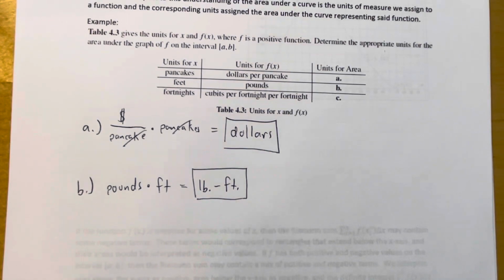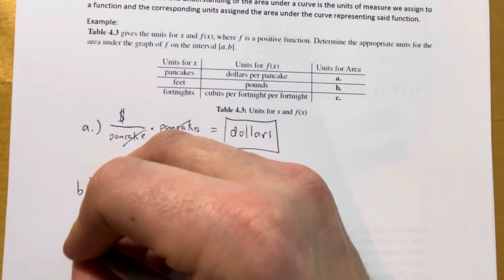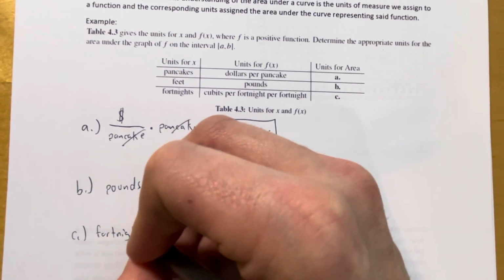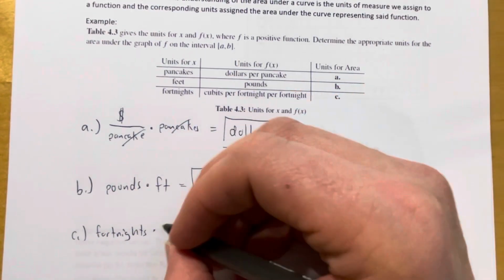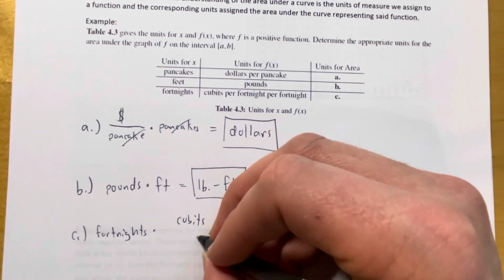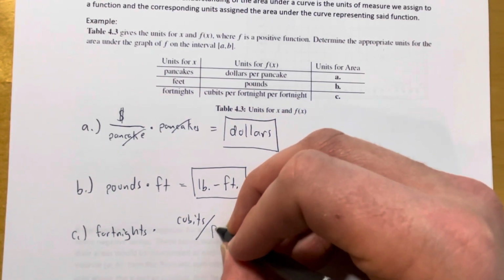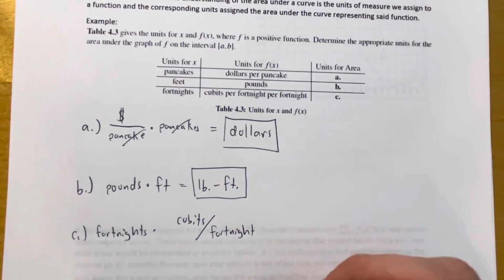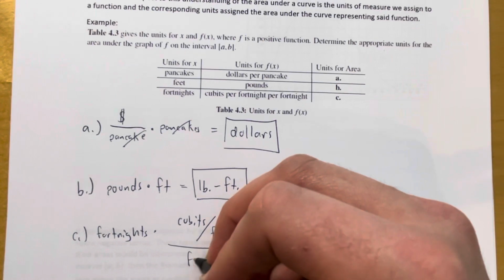Okay? What about this one here? C, fortnights times cubits per fortnight. Notice there's a second per in there. Per fortnight.